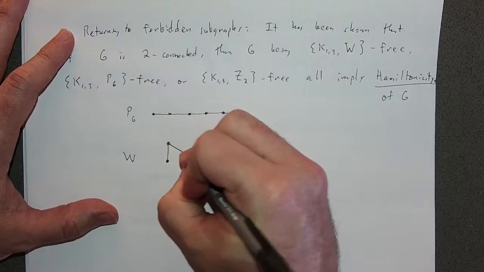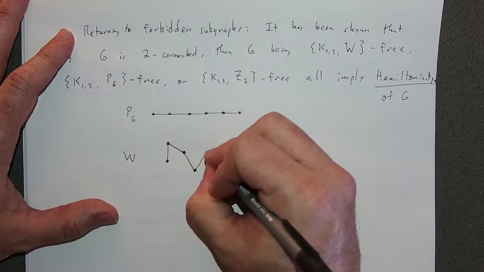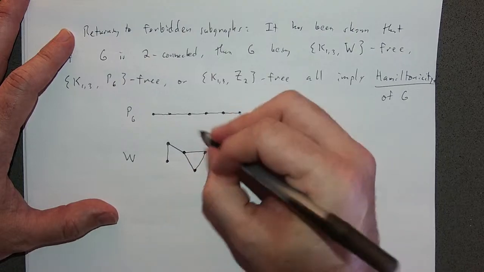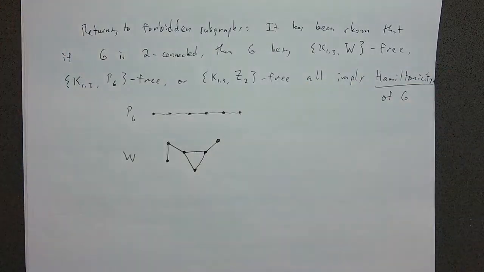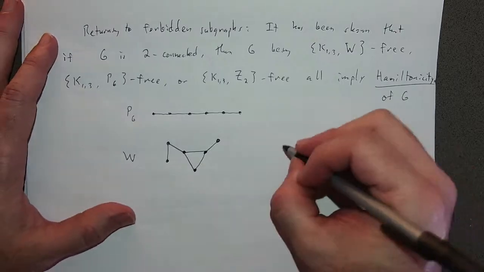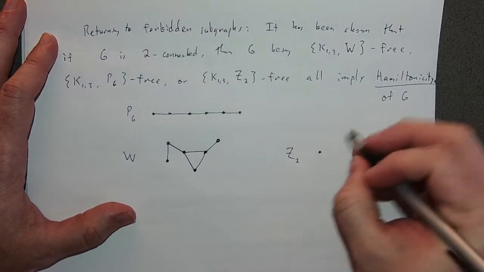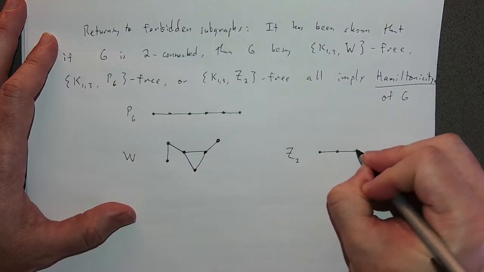So I'm going to give one representation of it anyway. There's W. And Z2, you'll see why it's called Z2 in a second. You just tacked on an extra edge to Z1.